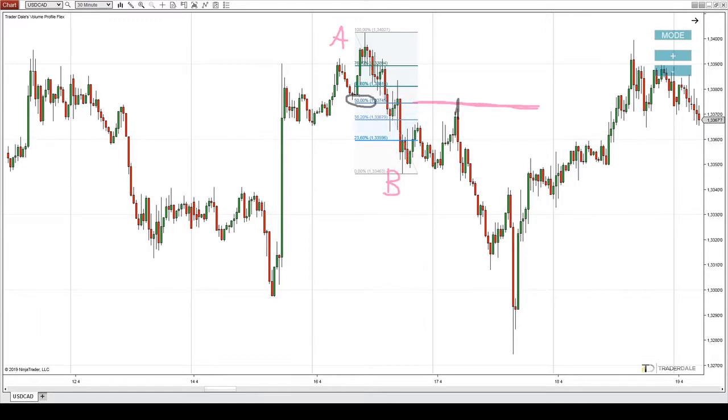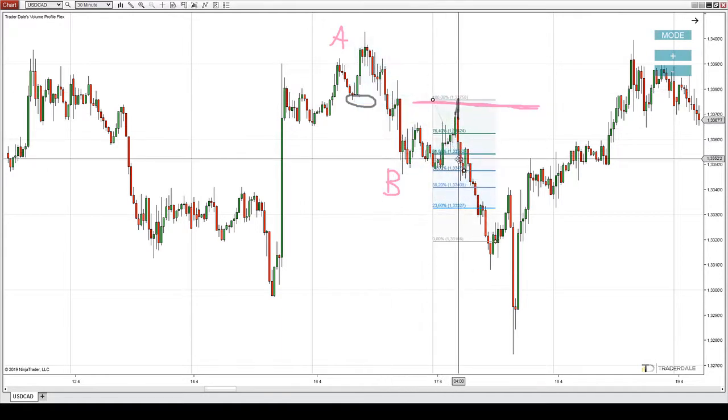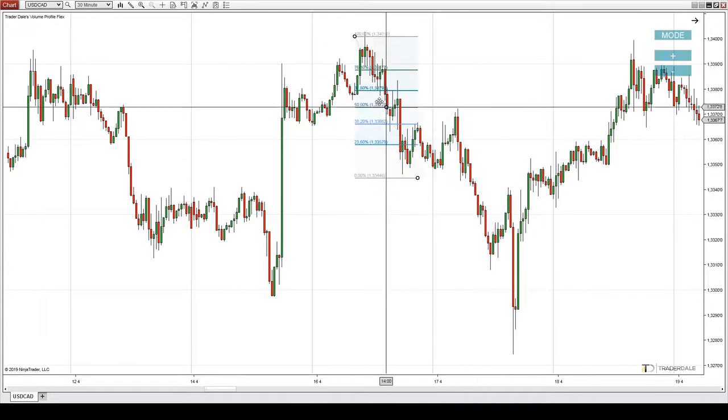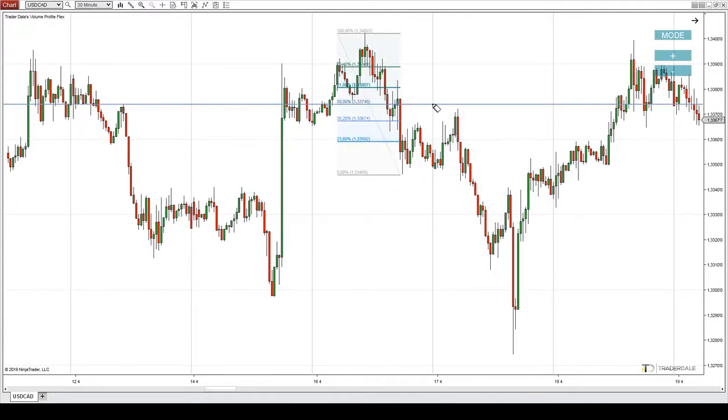If it did, then it would be an ABCD setup. You would go like this, and you would go long from here. There would be the D, all right? But because the pullback doesn't reach past the 50%, it's not a valid setup and you don't trade it.